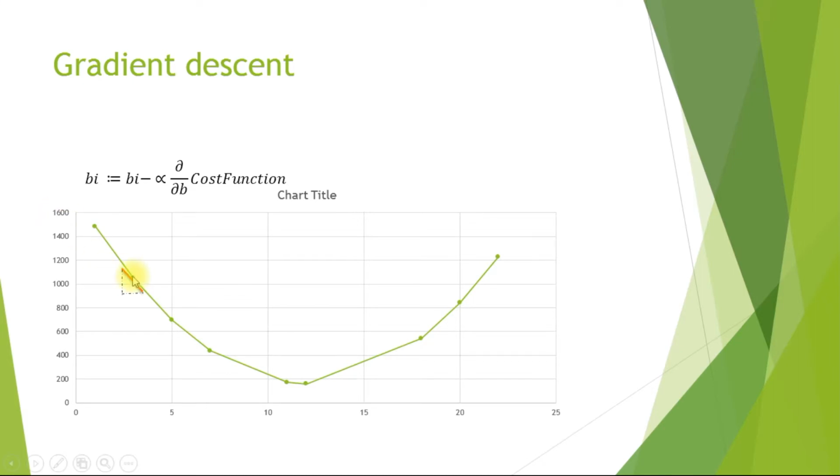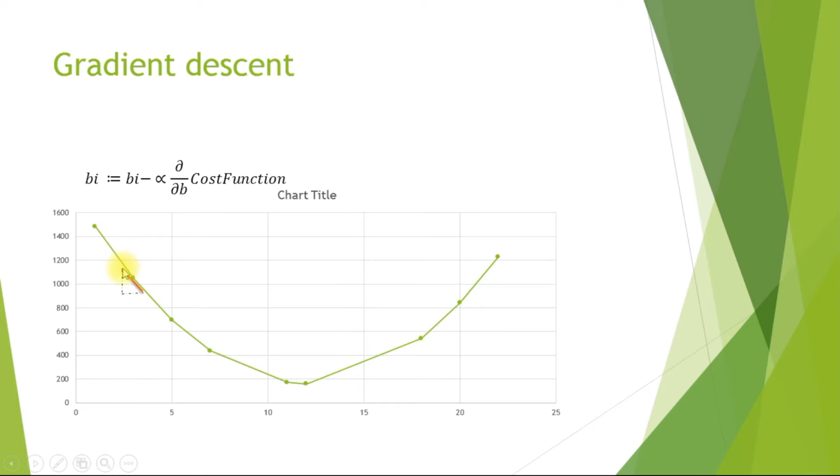In the case of gradient descent, b of i is computed iteratively as b of i equals b of i minus alpha into the slope, that is delta by delta b of the cost function, the differential of the cost function. That is nothing but the slope. Suppose we are at this point here and we need to descend down.